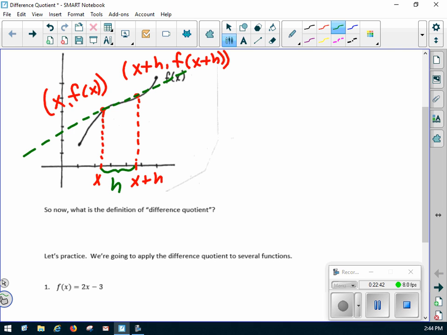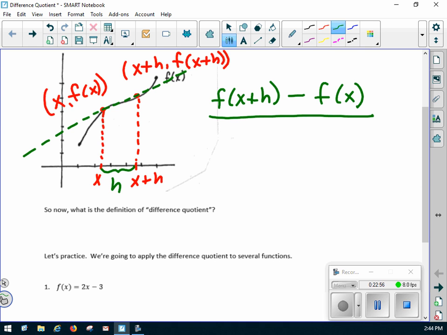What is the slope of this line? y2 minus y1 over x2 minus x1. How will the denominator simplify?